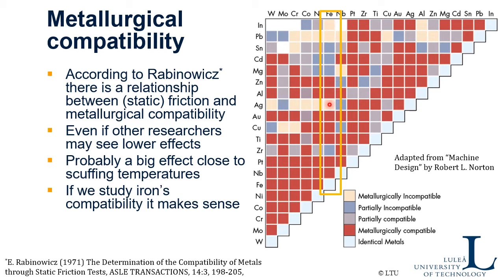And you can make use of that in many ways. For example, lead has been used as a friction material because of its poor compatibility with iron. It's not allowed to use lead very much nowadays.